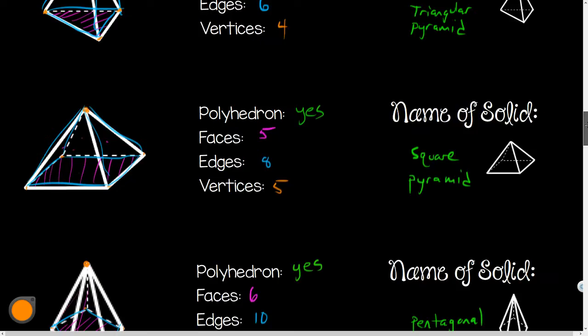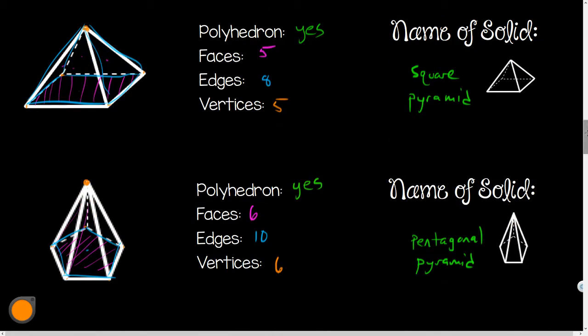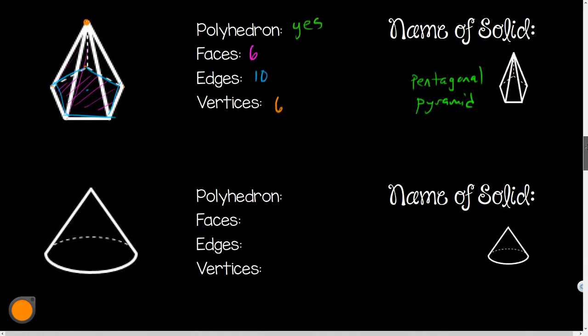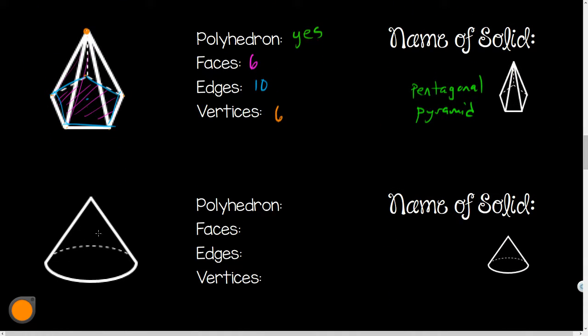So these are pyramids, right? Pyramids are named by the base. And let's see, here's another object which is similar. I've got a single quote-unquote base, except it's a circle, not a polygon, and then a common vertex, and then the infinitely many points around that circle all swoop up towards that common vertex.